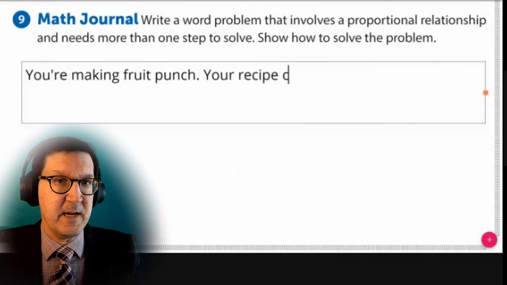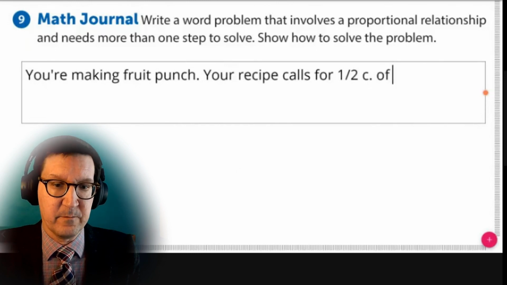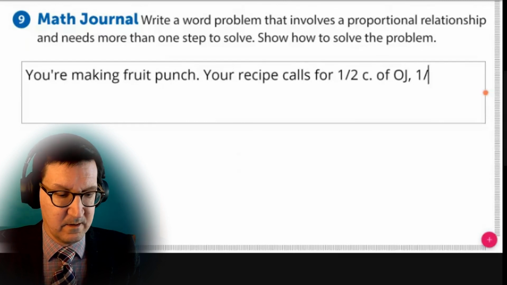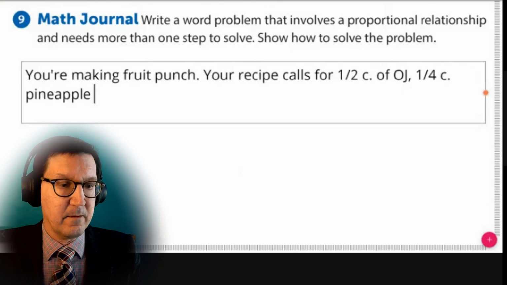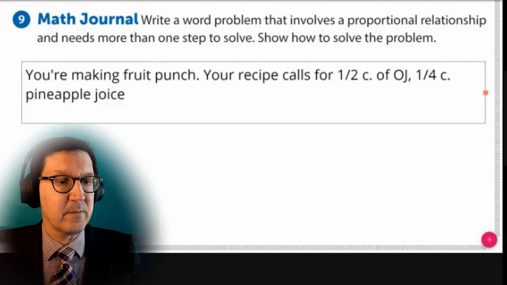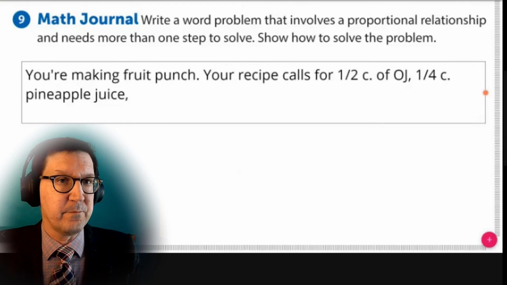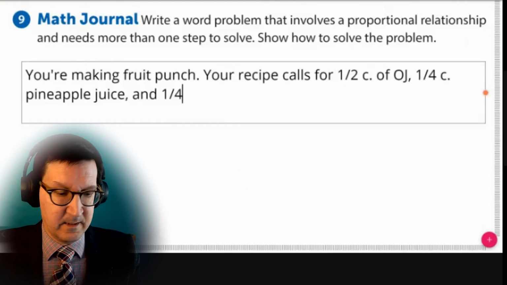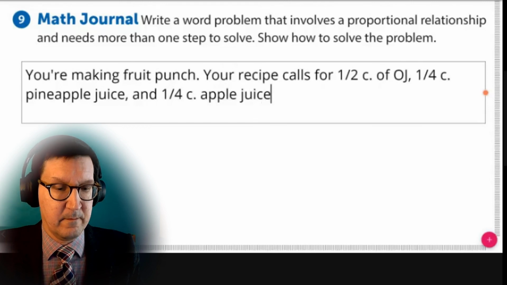The recipe calls for ½ cup of orange juice, ¼ cup pineapple juice, and ¼ cup apple juice.